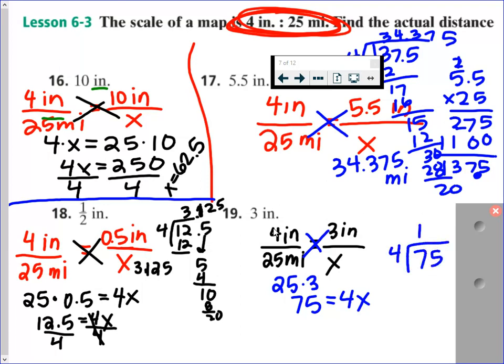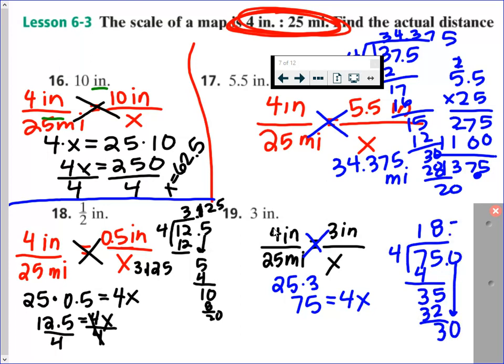Divide by 4. 18.75. Do you know what 18.75 is like? 18 3/4. You are ready to go.